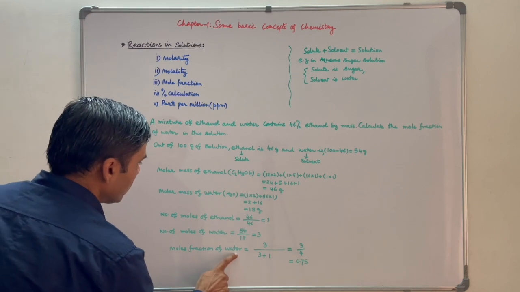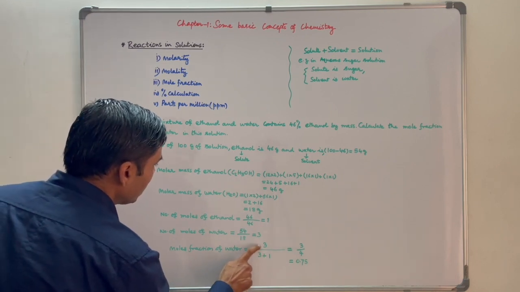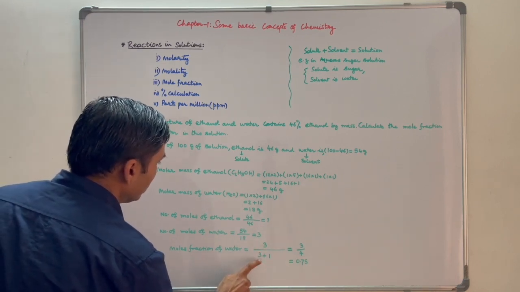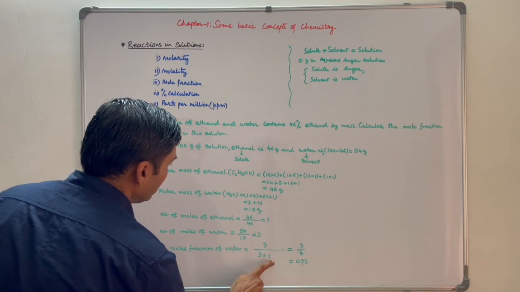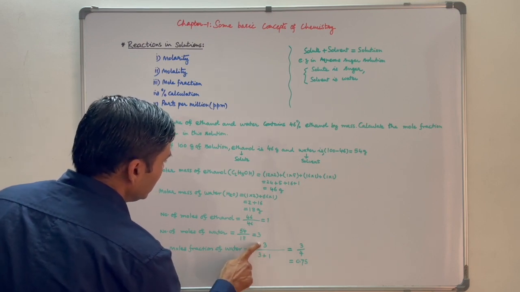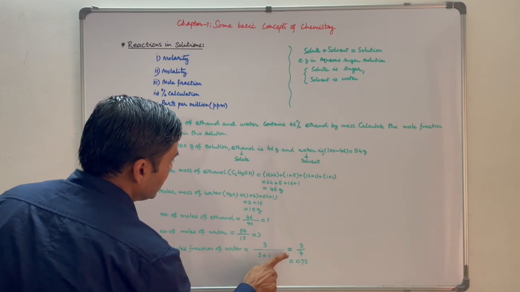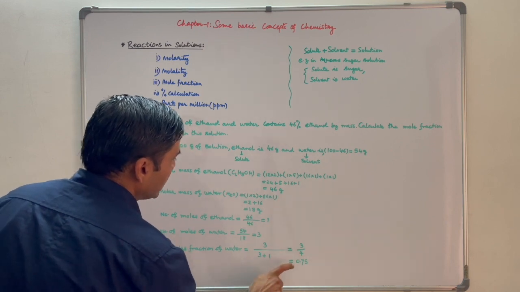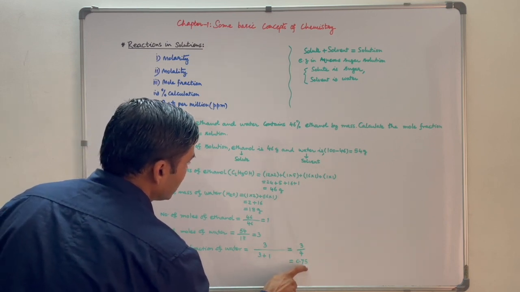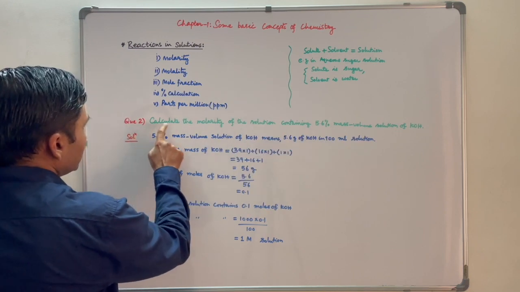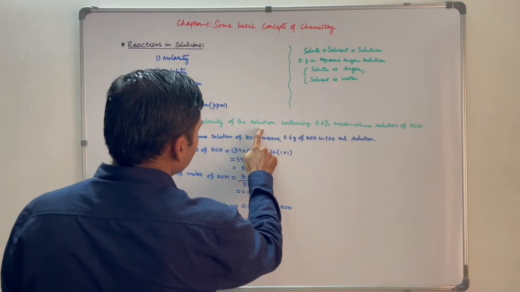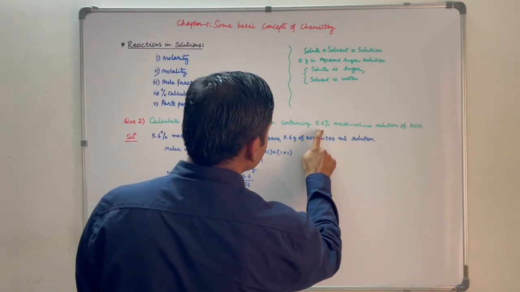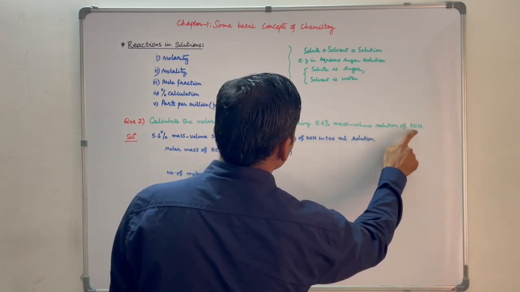So mole fraction of water is equal to number of moles of water upon number of moles of water plus number of moles of ethanol, that is 3 upon 3 plus 1, that is 3 upon 4, and that comes out to be 0.75.